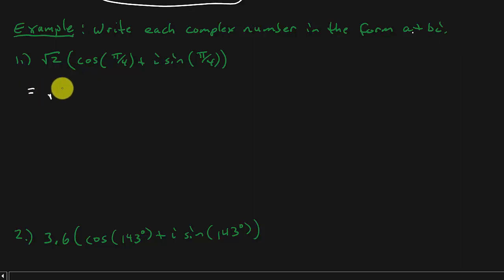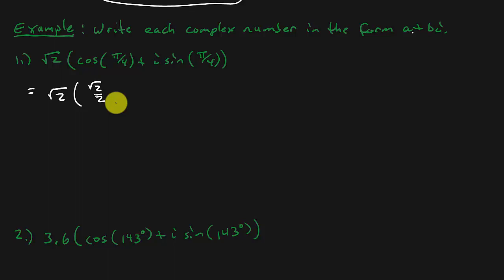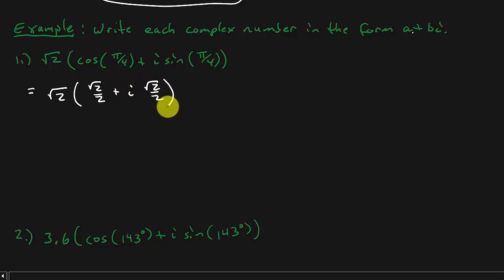So all this is just square root of 2 times, well, what's the cosine of pi over 4? That's square root of 2 over 2, right? Cosine of 45, remember, pi over 4 radians is 45 degrees. That's square root of 2 over 2 plus i times sine of pi over 4, that's square root of 2 over 2.